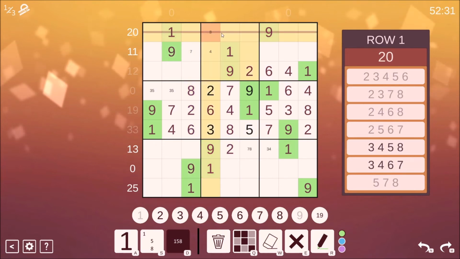So let's look back at it now. If we have an 8 here, we would need a 4 over here and a 3 and 5 up here, but the 5 would go there and the 3 would go there. So that is a possibility.